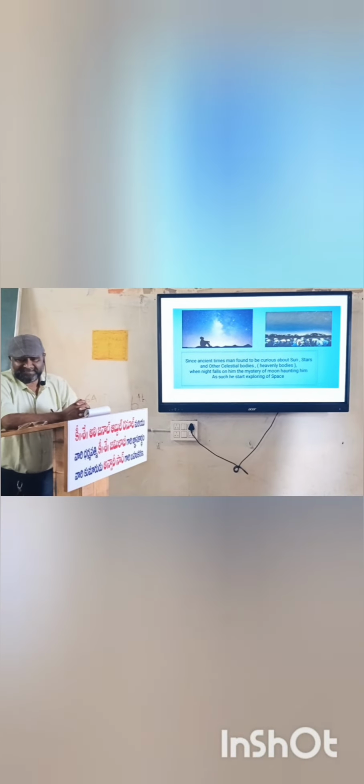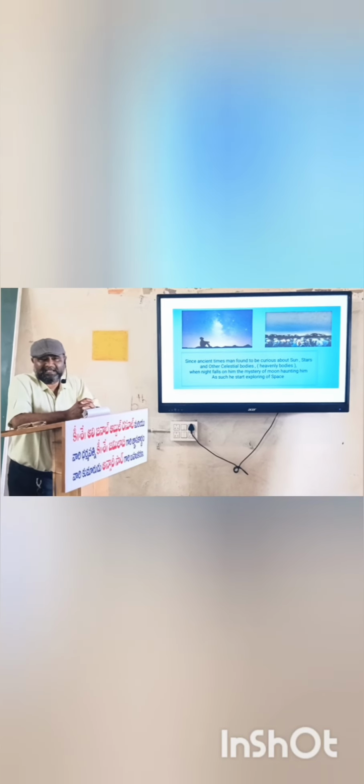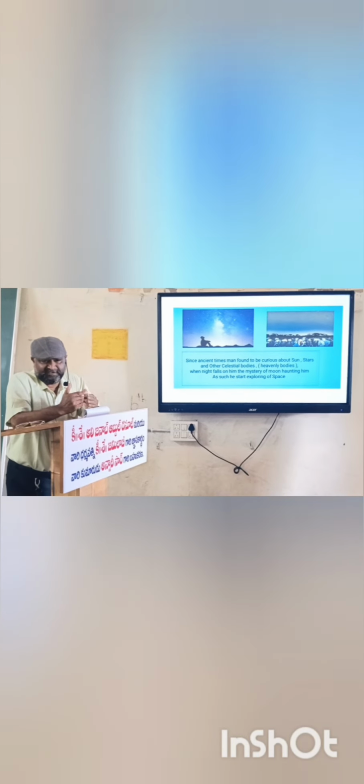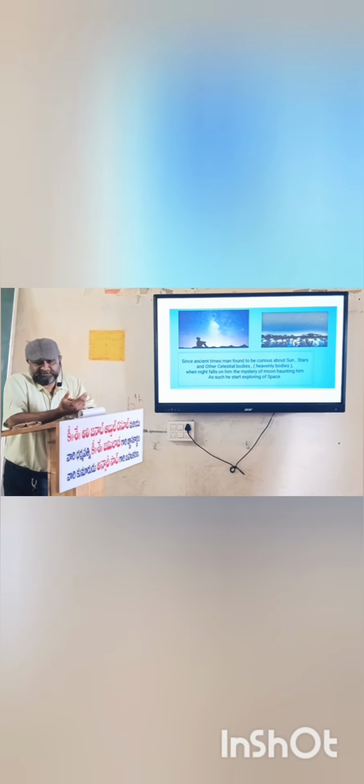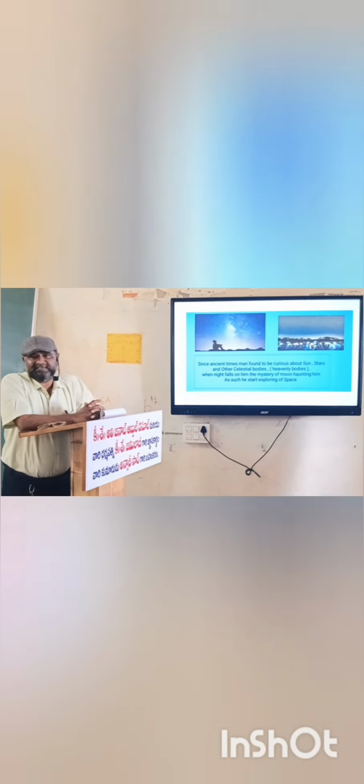When night falls, the human race is mysterious, curious and anxious about the happenings in the space, the happenings in the blue sky. He thinks of the moon, different stars, the sun. The human race is very curious about the happenings in space.